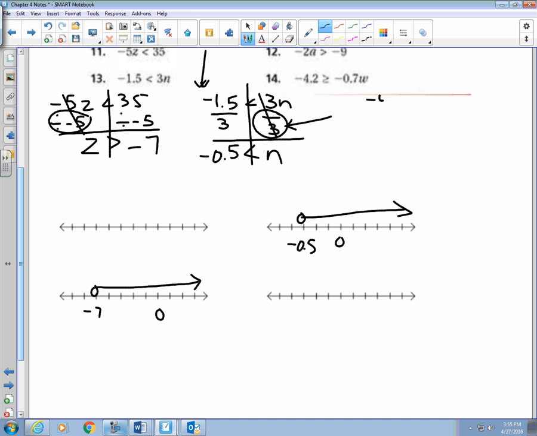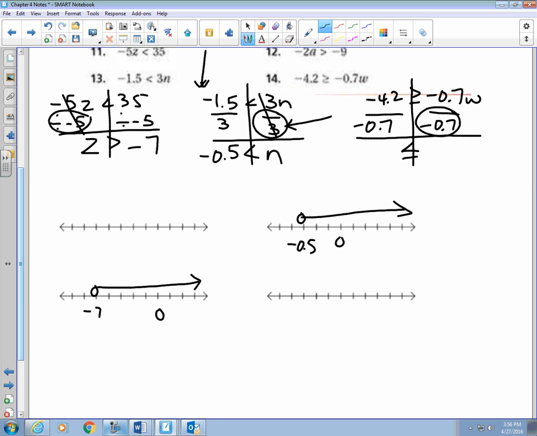So I got negative 4.2 is greater than or equal to negative 0.7w. So take a look at this problem. I see that negative 0.7 and w are multiplied, so I'm going to divide by negative 0.7 on both sides. And when I do that, I notice that I divided by a negative, which means I have to flip my inequality symbol.